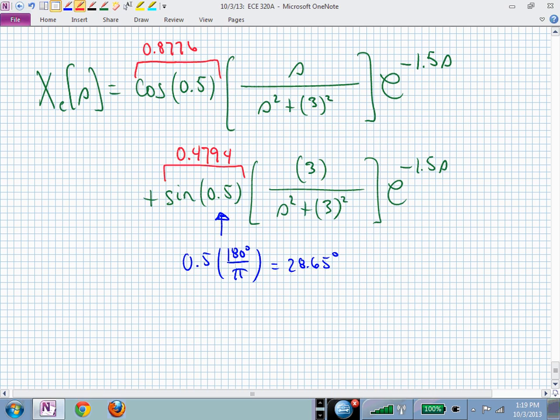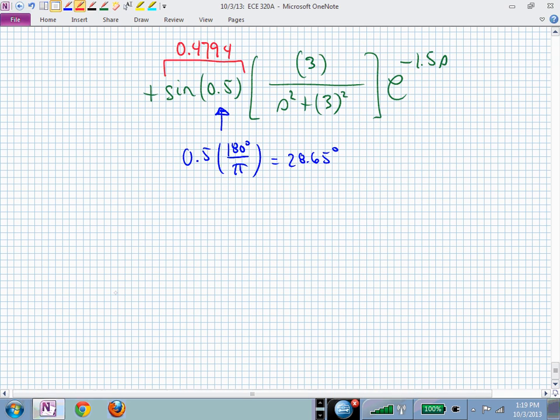Let's look at the next one, which is operational transform number 2, which was complex frequency.